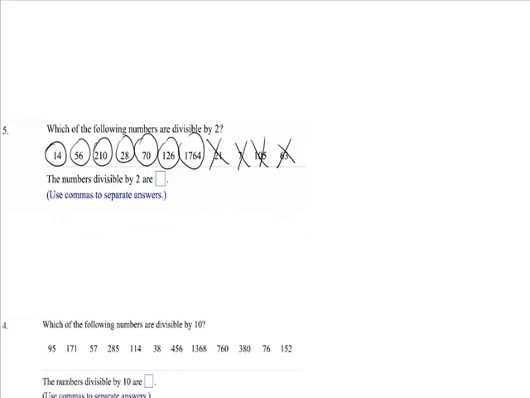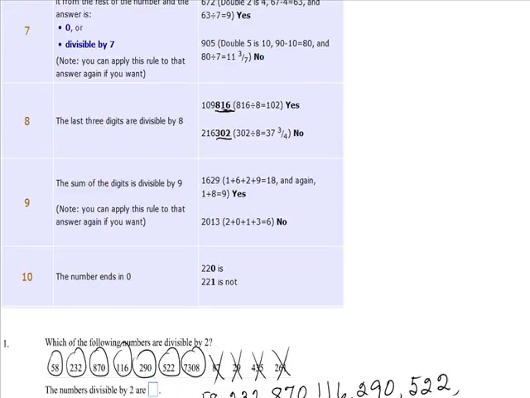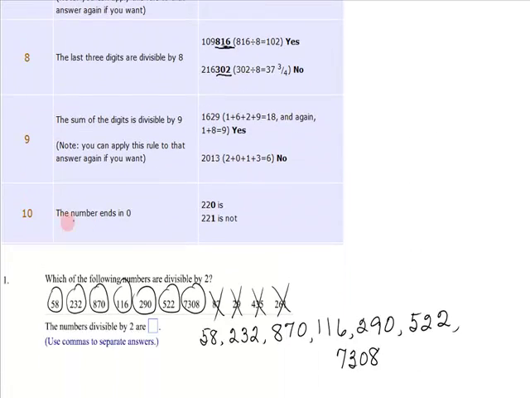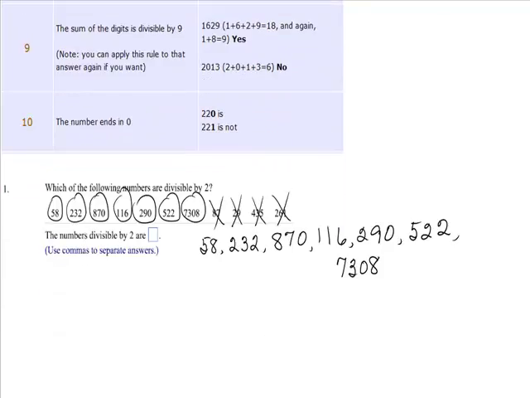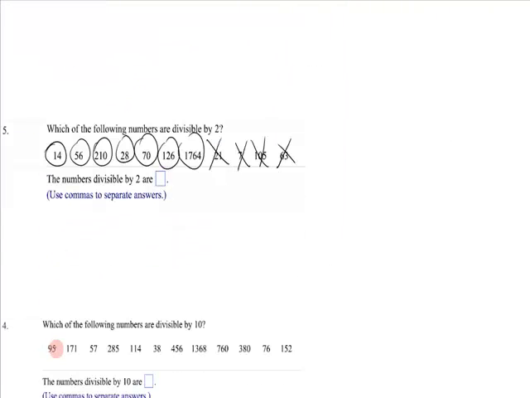Last one, which of the following are divisible by 10? Now the test for 10, the number has to end in 0. We've mentioned that earlier. This ends in a 5, so no. Ends in 1, no. 7, no. 5, no. No, no, no, no, yes, because it ends in a 0.